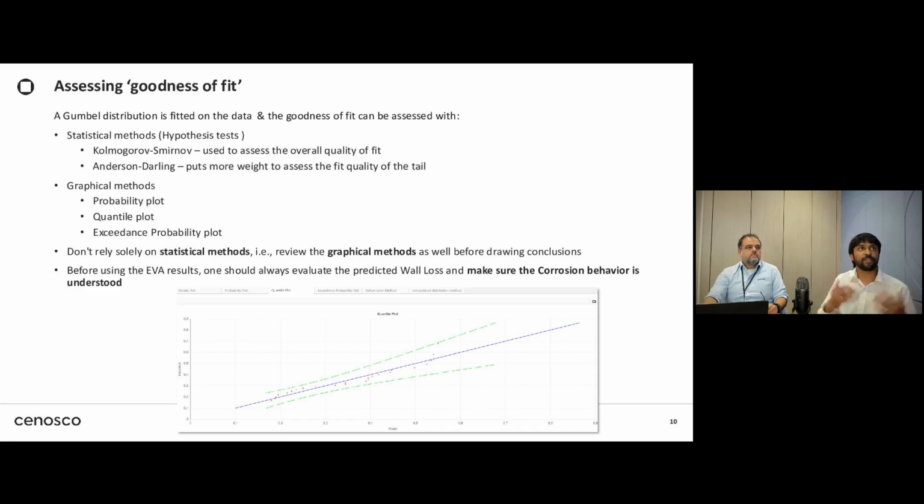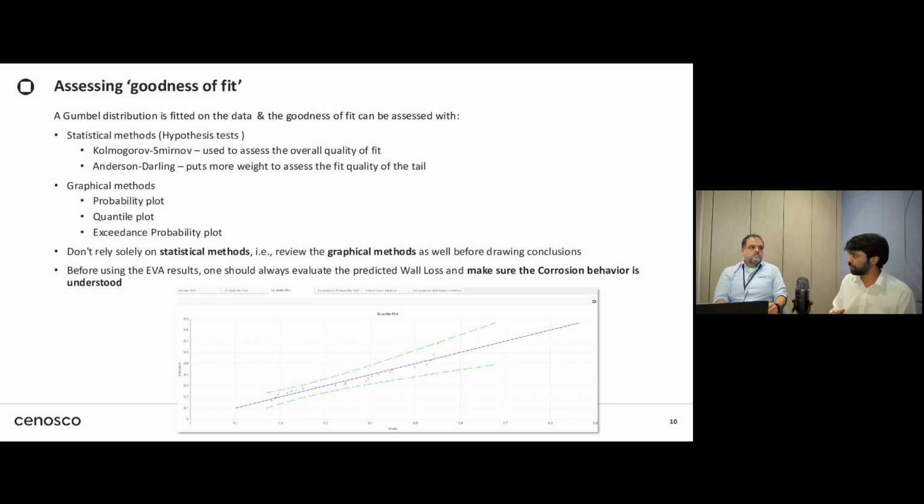From the graphical methods, we can also have a look to understand how our results typically fit within our distribution plots. So usually the recommendation is to use a combination of these methods, statistical methods and graphical methods combined, and make a decision to see if we have a goodness of fit data.